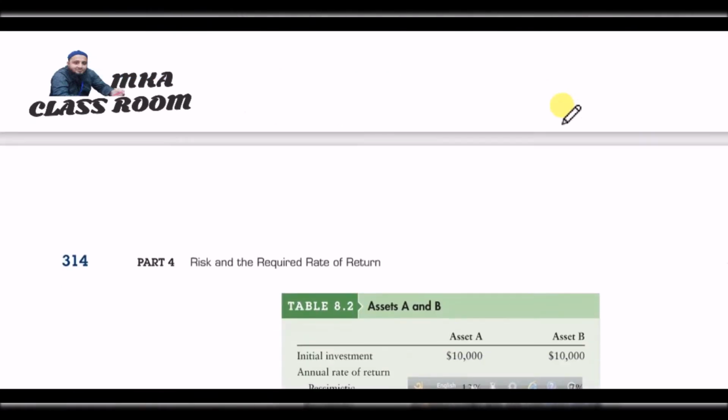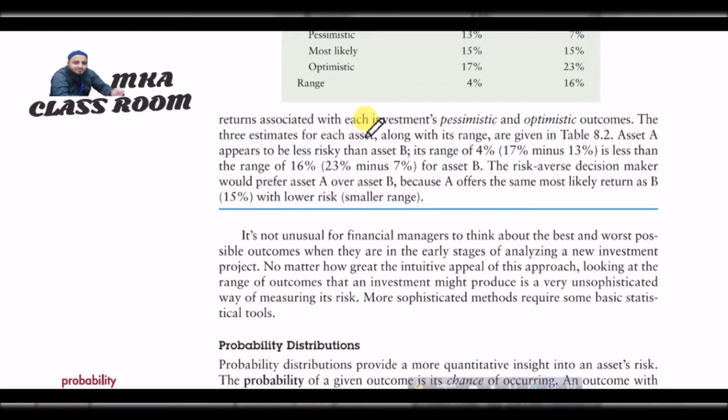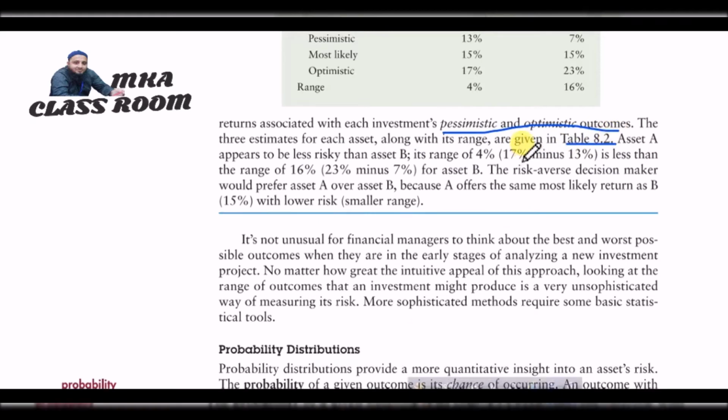Management has estimated returns associated with its investment, pessimistic and optimistic outcomes. The three estimates for its asset, along with its range, are given in table 8.2.